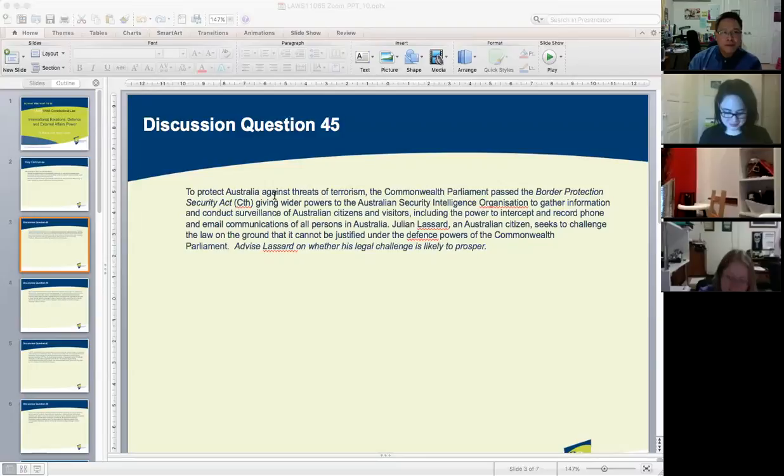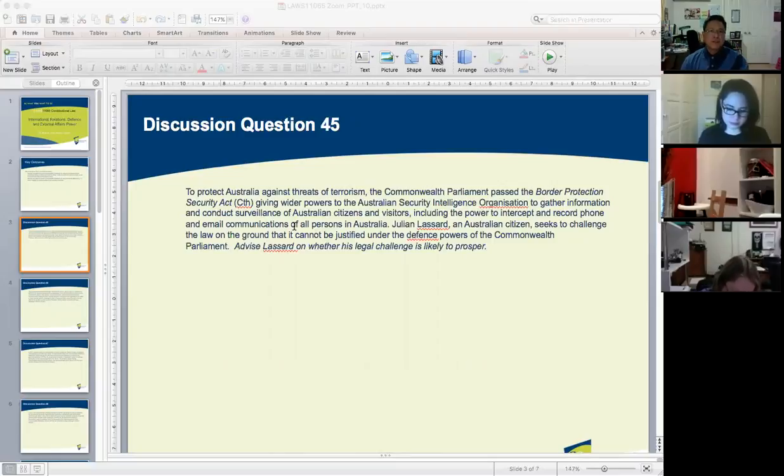Okay, so having said that, apart from the purposive test, there is also a question of reasonableness and proportionality. While it might be possible for the Commonwealth Parliament to say that it is directed towards the purpose of defending the Commonwealth and the states, there is a requirement of proportionality and reasonableness, so that the measures in that legislation must be reasonable in terms of the way that it affects and curtails freedoms and liberties of the citizens. So there's a question of, are they reasonable, and are they proportionate to the purpose that it seeks to achieve?